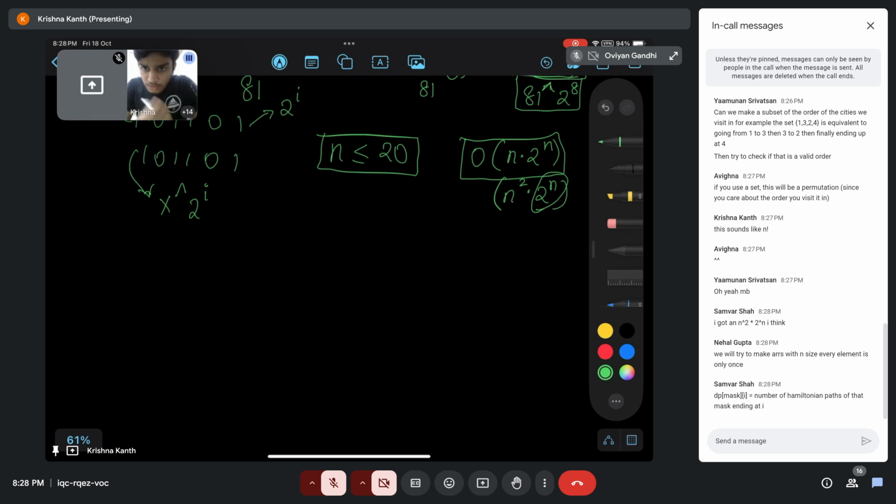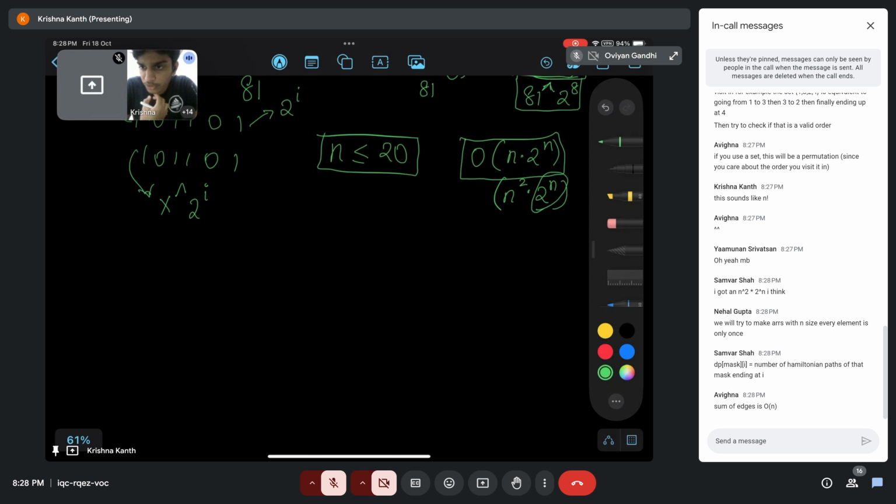And you're claiming that it will be a Hamiltonian path. How do you ensure that it's a Hamiltonian path? What are the transitions? You don't need it to be a Hamiltonian path.